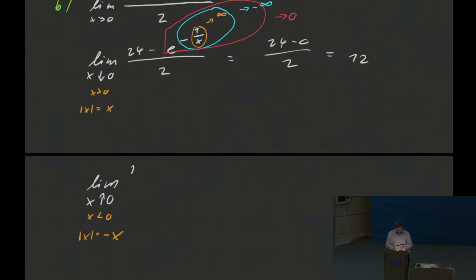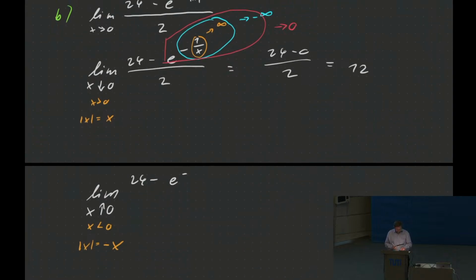And then if you want to get rid of that absolute value, we could just use that fact and say, well, that's e to the power of minus 1 over minus x, over 2, or 24 minus e to the power of 1 over x, over 2.